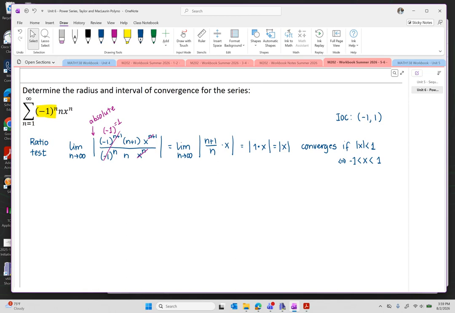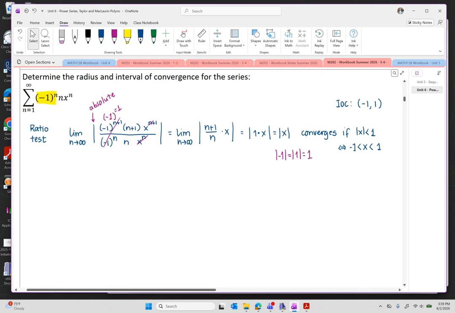Now, when x is either -1 or 1, then the absolute value of -1 equals the absolute value of 1, which is equal to 1, and the ratio test is inconclusive, so we are going to use some other tests for those. So our first task is to replace x with -1 and 1 and see what kind of series we get.